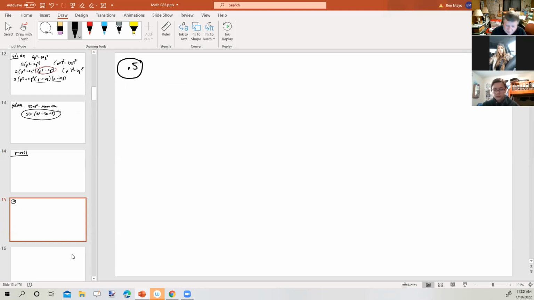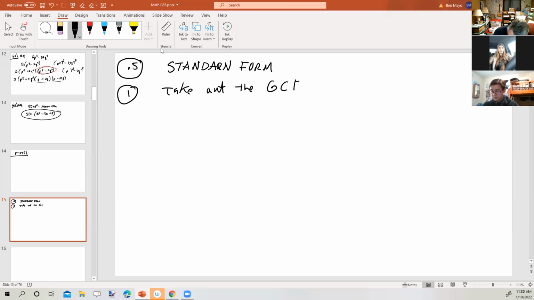Step 0.5, yes, 0.5, I'll explain that later, is standard form. Okay, step one for day-to-day is take out the greatest common factor.